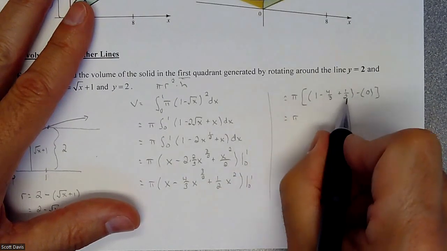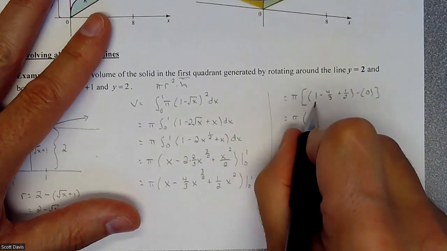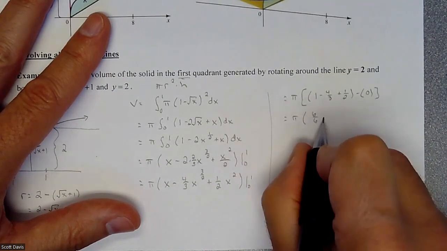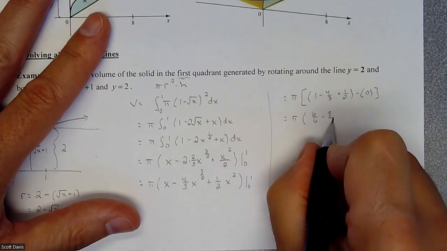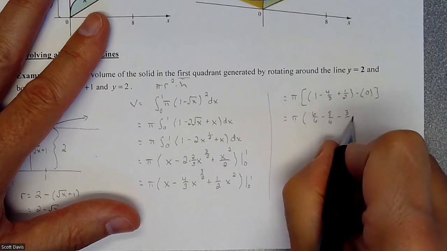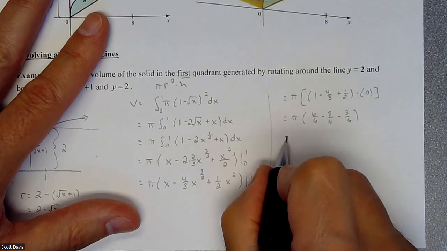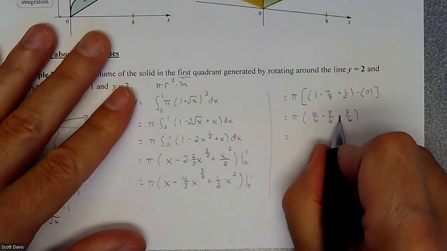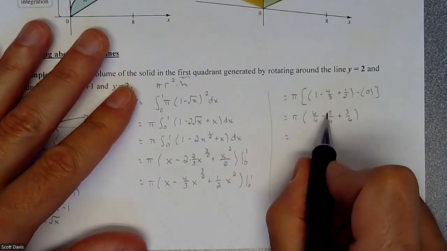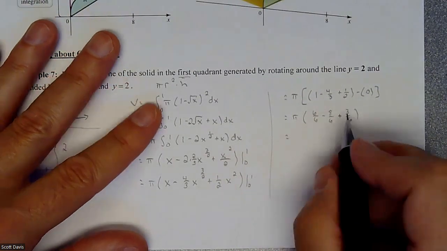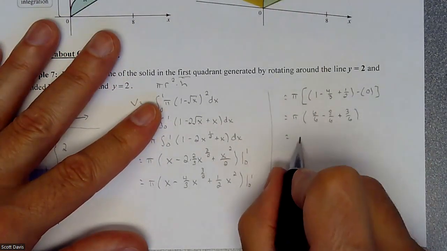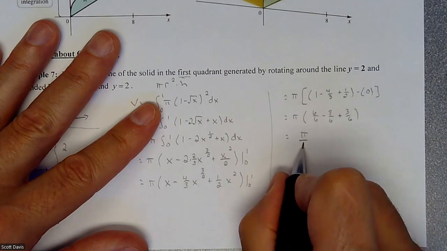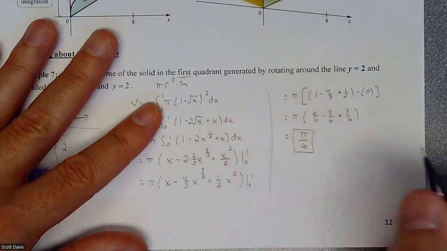So common denominator would be sixths. So that would be 6 sixths minus 8 sixths plus 3 sixths. 6 minus 8 is -2. -2 plus the 3 is 1. So 1/6 times pi, or pi over 6 is my volume.